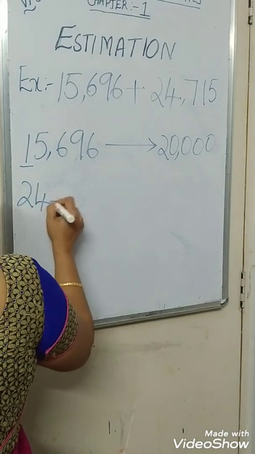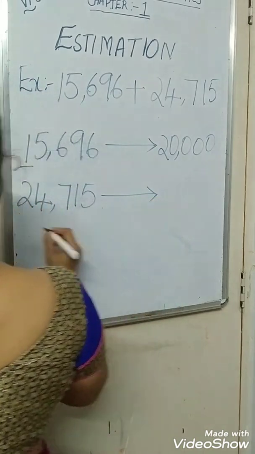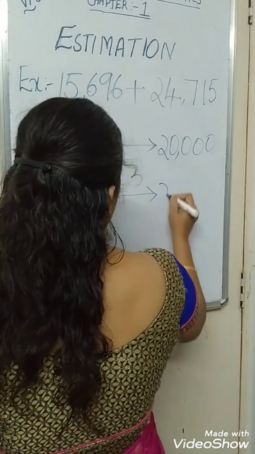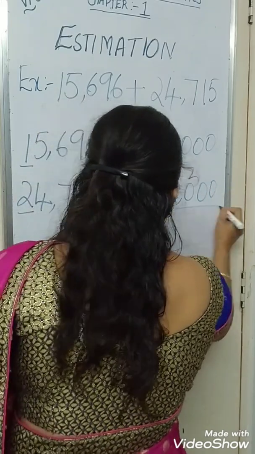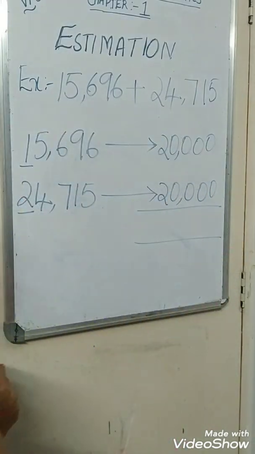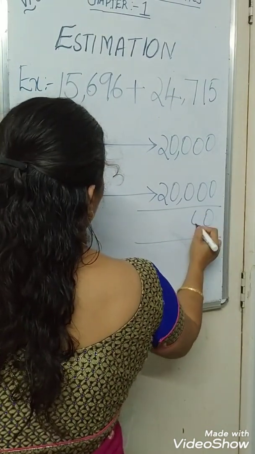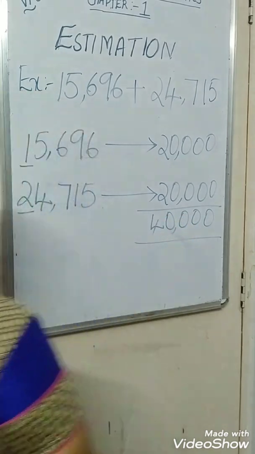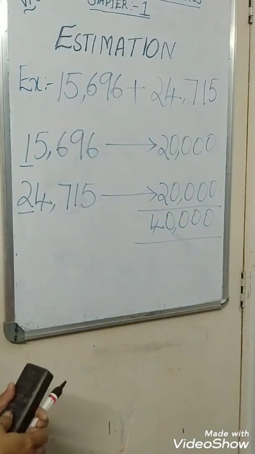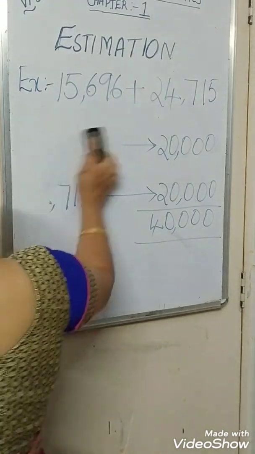Similarly, 24,715 is estimated to 20,000 again. So, let's add this. When we add this, we get the sum as, what do we get? We get the sum as 40,000. So, are you clear with the addition? Now, let us move on to the subtraction.